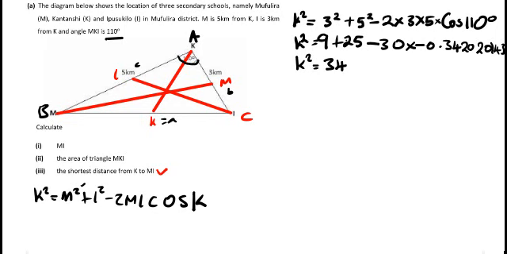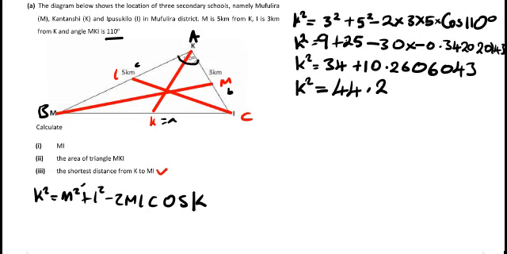Now when we multiply that, we are going to have positive 10.2606043 like that, and then you say K squared equal to, now here you have 34 plus 10.2606043, so you just add that, and we are going to get 44.2606043.